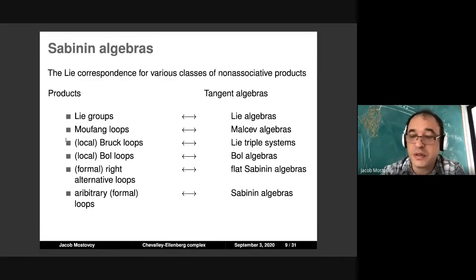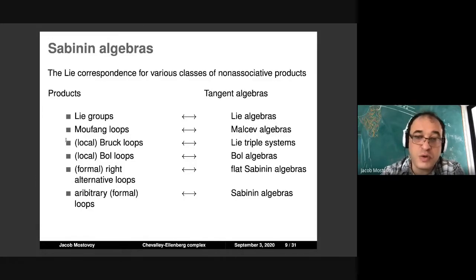So when you're talking about Lie groups, your Sabinin algebra is going to be a Lie algebra. For Moufang loops, it's Maltsev algebras. For Bol loops, we have Lie triple systems. Well, normally people think of Lie triple systems as tangent to symmetric spaces. So any symmetric space locally is a Bol loop.